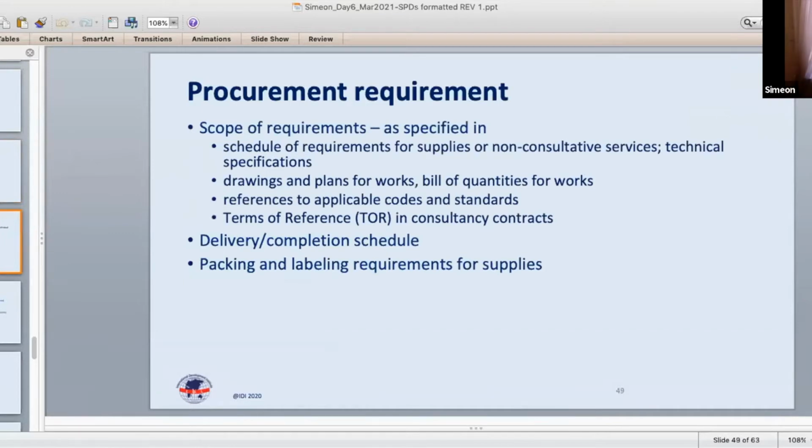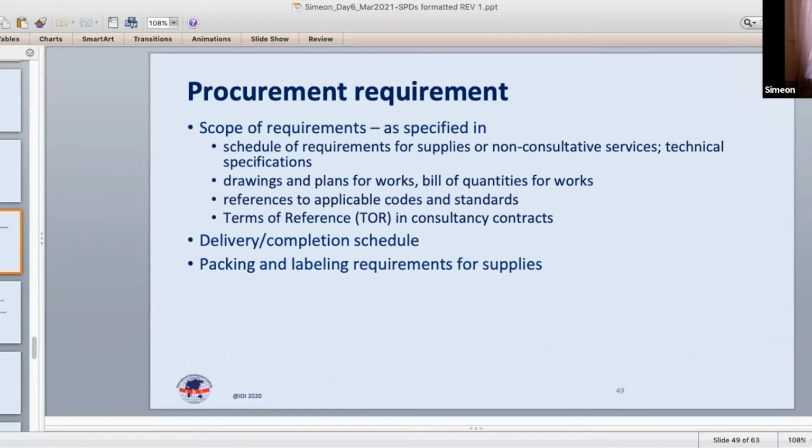Okay, procurement requirements. Now these are the provisions in the contract that specify what the actual item is, the goods, works, or services that are the subject of the procurement contract. So in goods or works contracts, those are typically technical specifications, drawings, and the like. And in consultancy services, it's the terms of reference.